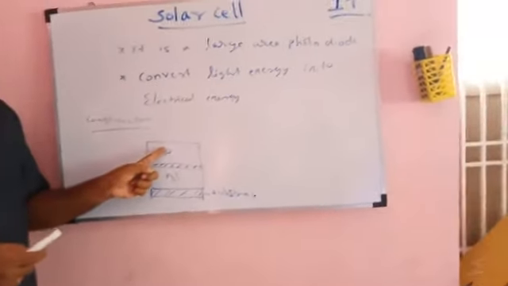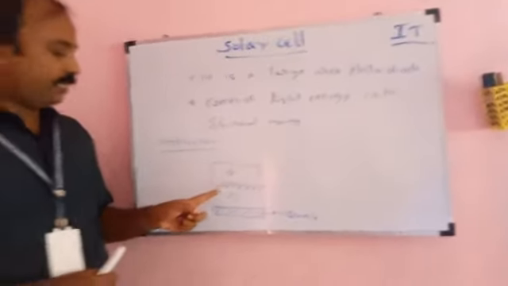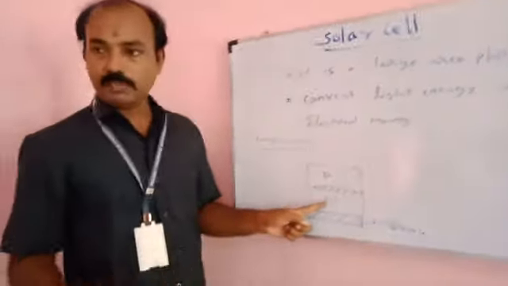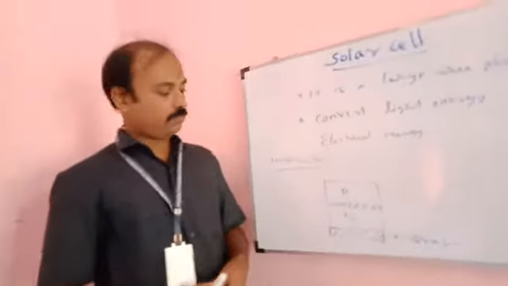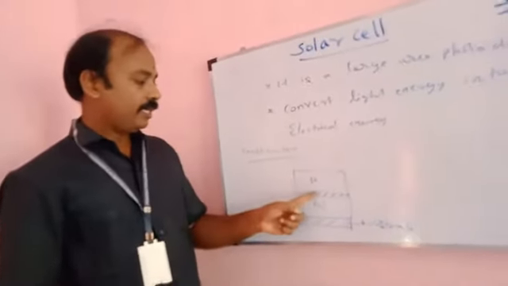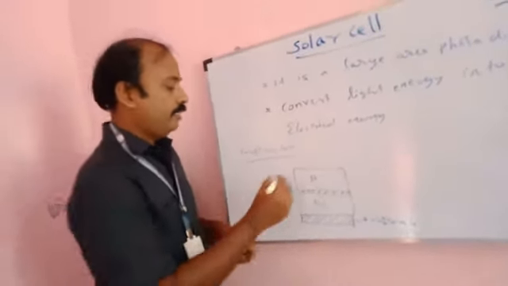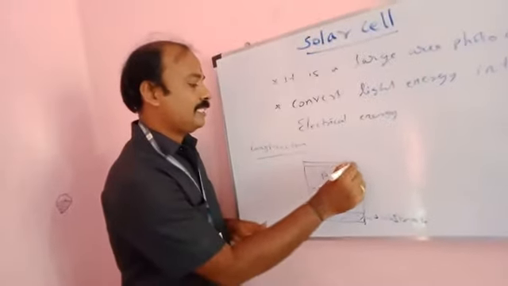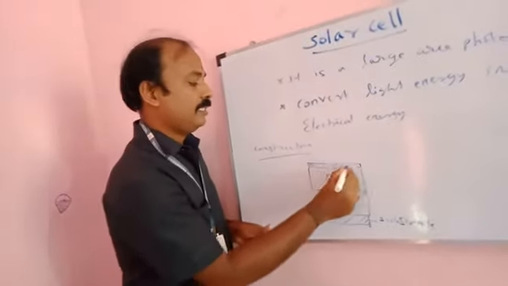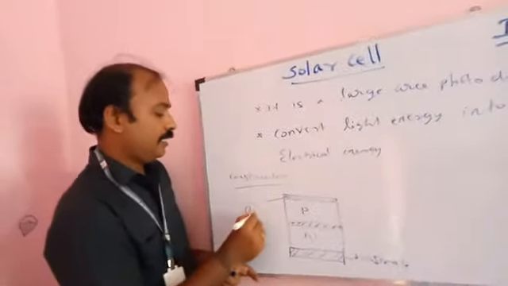In the p-type semiconductor the positively charged hole is the majority carrier, in the n-type semiconductor the negatively charged electron is the majority charge carrier, and this is a depletion layer, and here it's a glass.